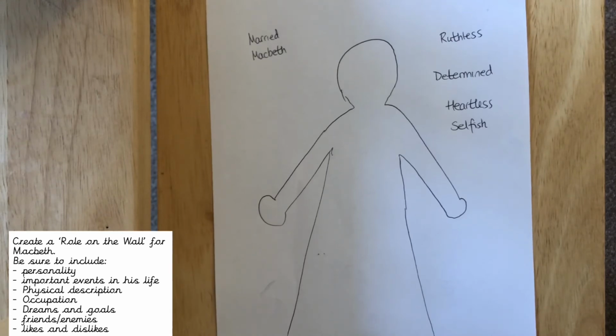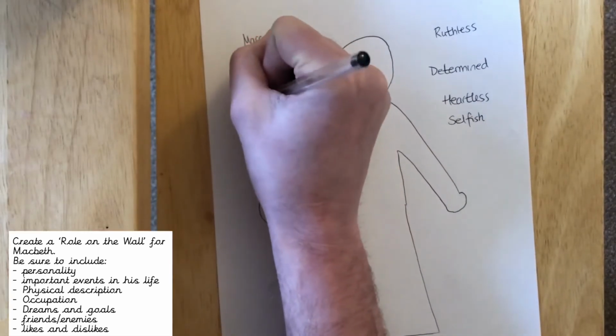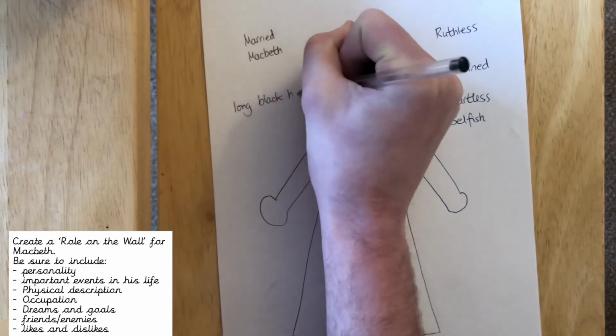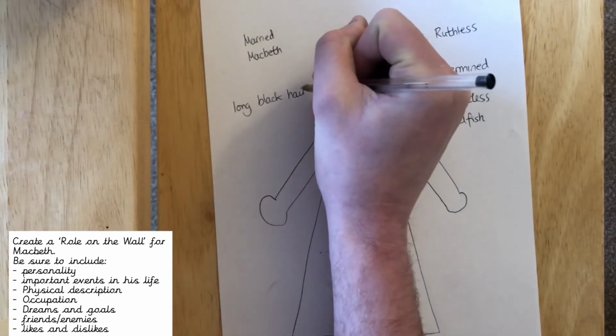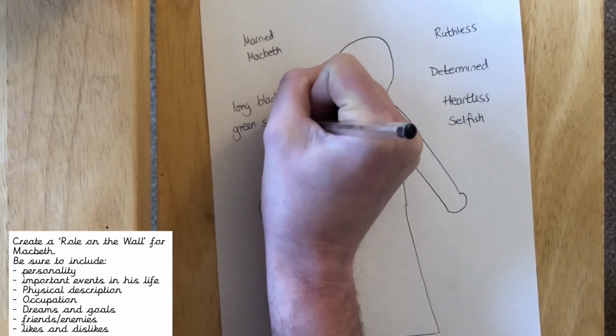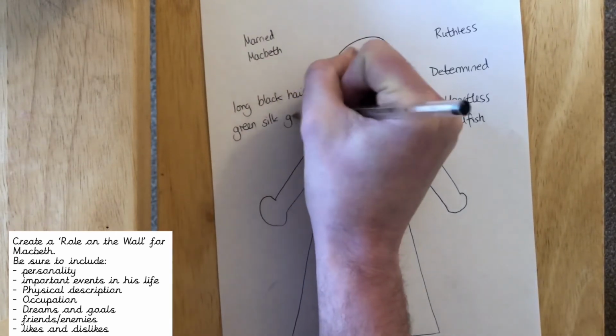And there is a bit where it describes Macbeth as well, okay? So she has long black hair. A green silk gown.